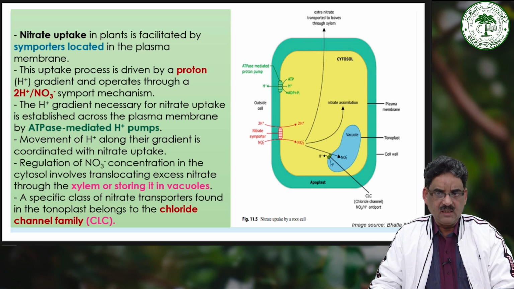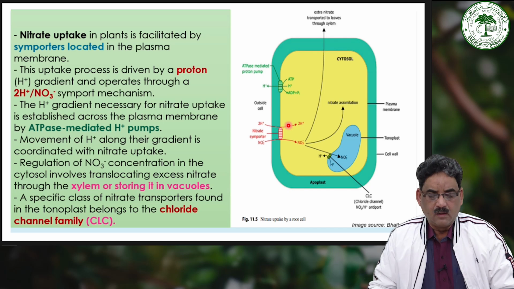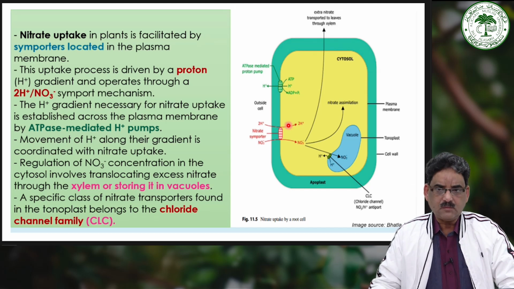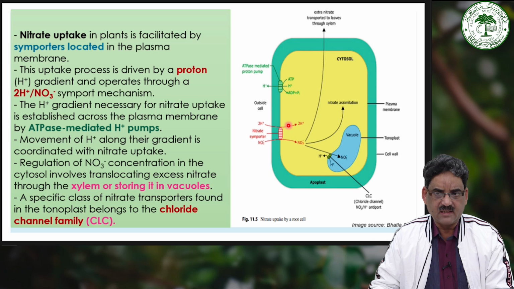CLC protein transporters may exhibit a dual affinity system. When phosphorylated at threonine, they operate as a high affinity transporter, whereas dephosphorylation converts them into a low affinity transporter.